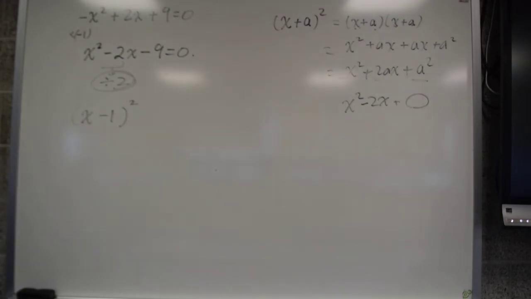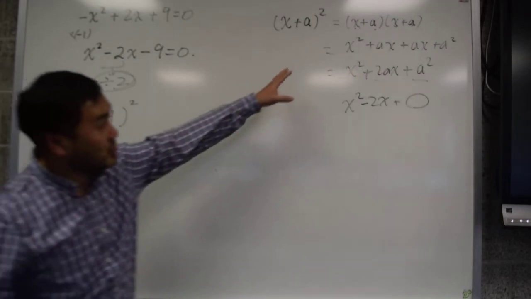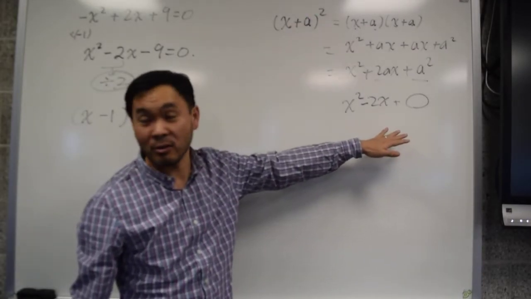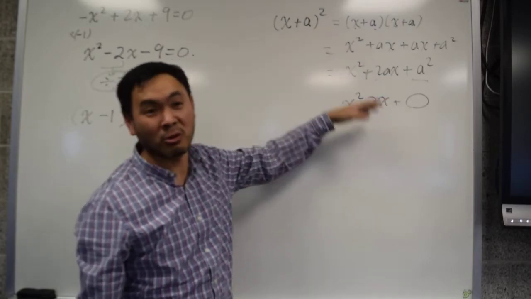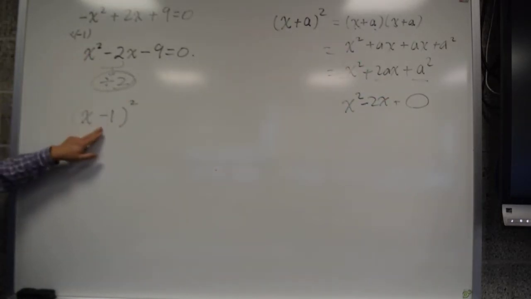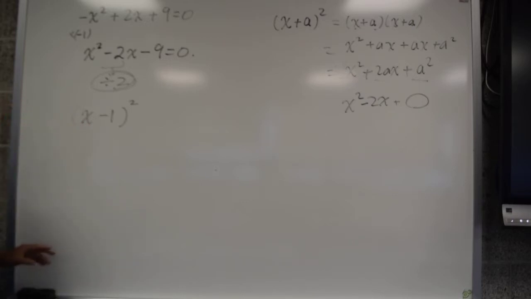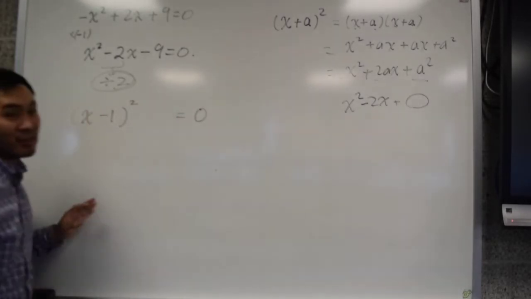The reason this works is because of what we just calculated: we figured out that a must be -1. But that's the long way. You don't want to do that. Just take whatever you're given, divide by 2, and put that number here.